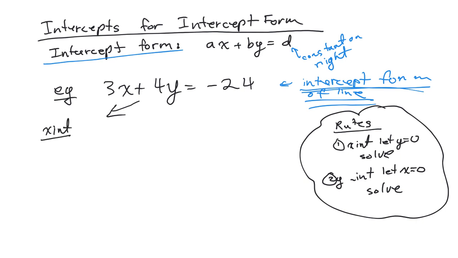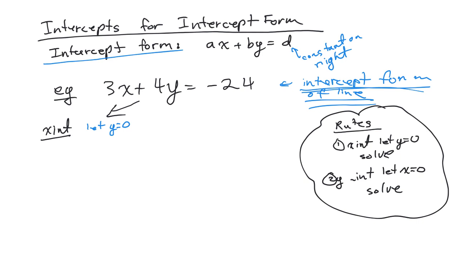So here's what I'm going to do. I'm going to let y equal 0. If I let y equal 0 in this equation right here, that means that this disappears for this specific problem, right?